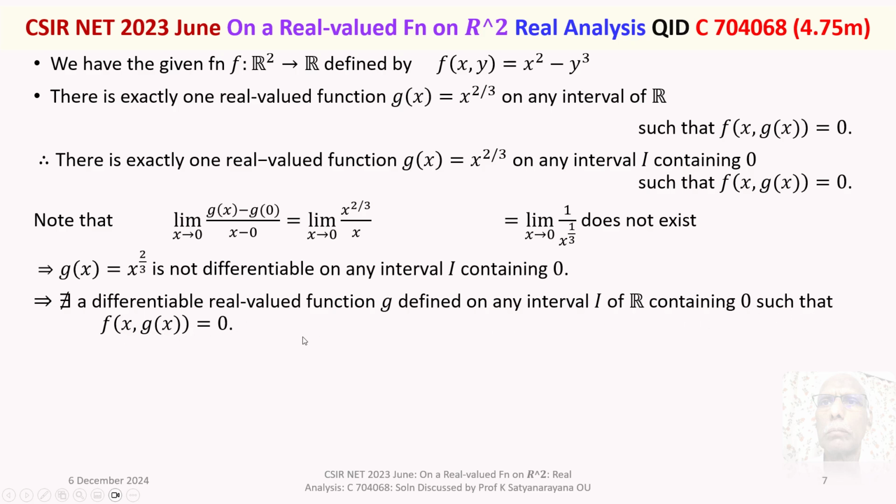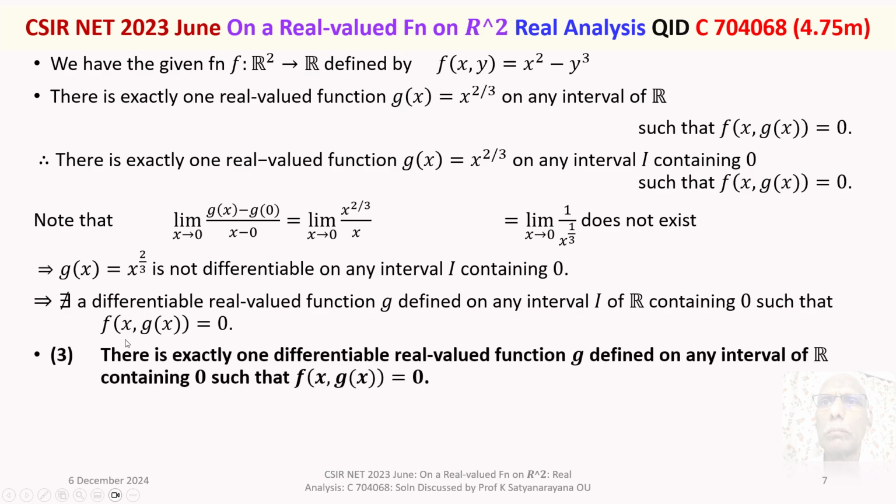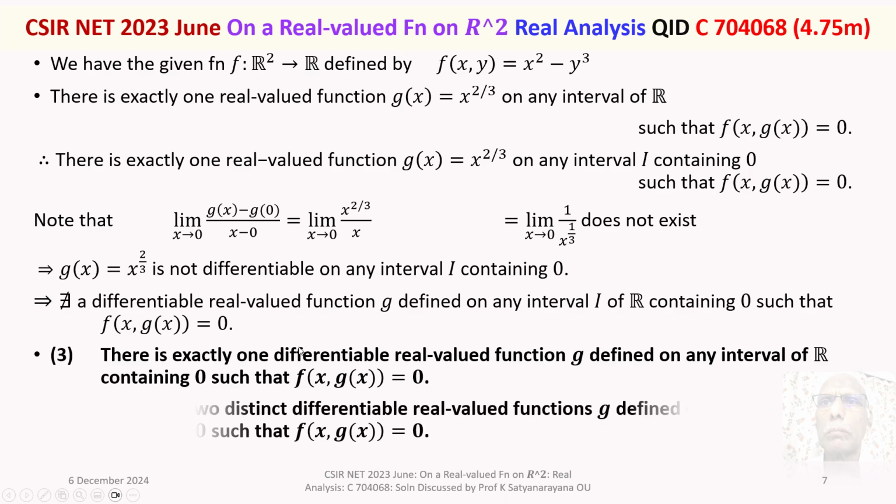This is our conclusion. Look at our option 3. There is exactly one differentiable real valued function. But there is no differentiable real valued function. Therefore, option 3 is not true. Option 4. There are two distinct differentiable real valued functions. But there does not exist a differentiable real valued function.